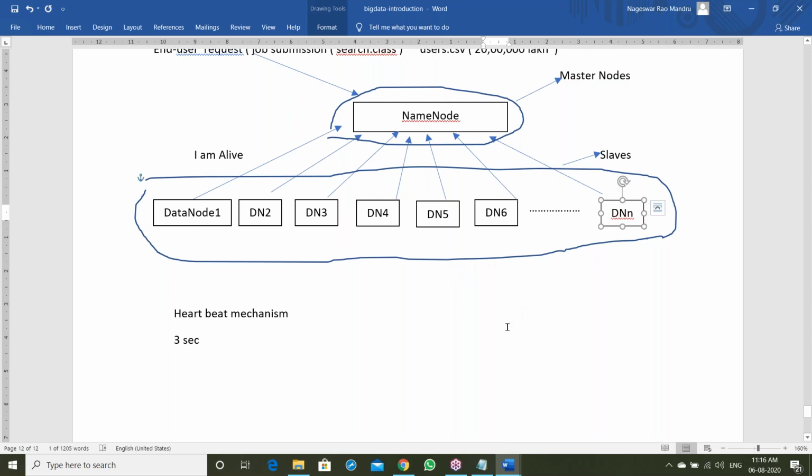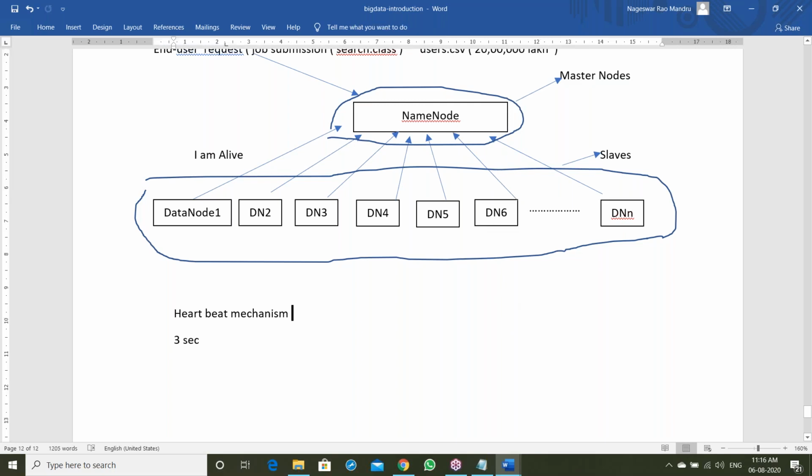Then the name node will identify some other nodes.